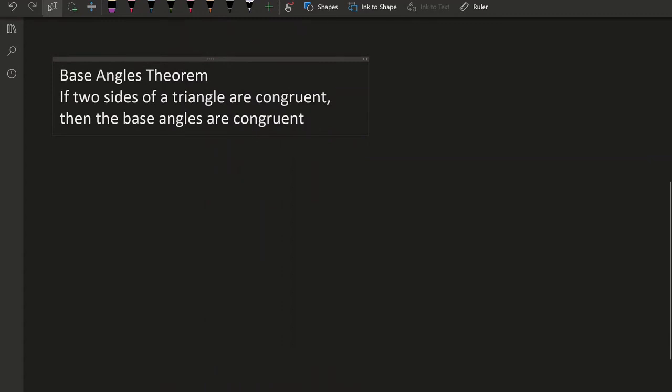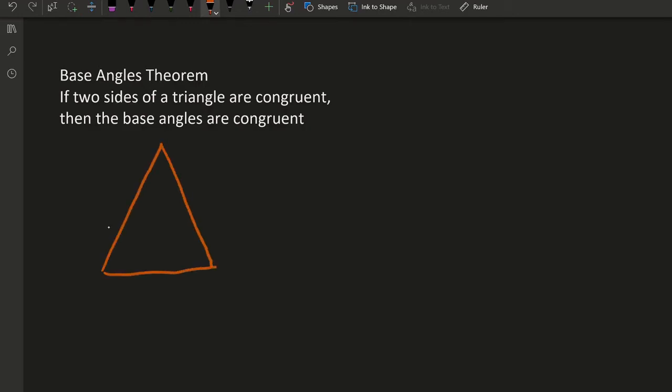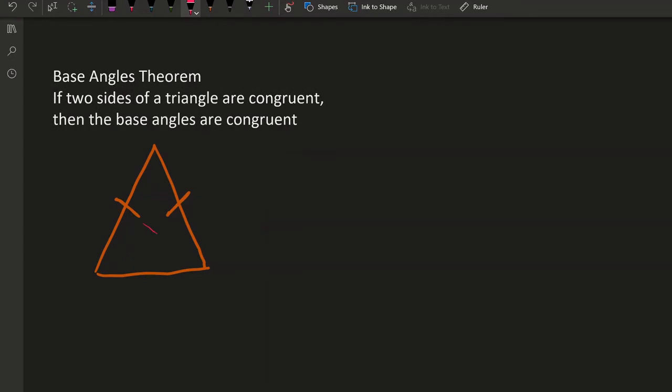So basically what it's saying here is that if two sides of a triangle are congruent right here, the base angles are going to be directly across from those two sides, and then those two would be congruent.